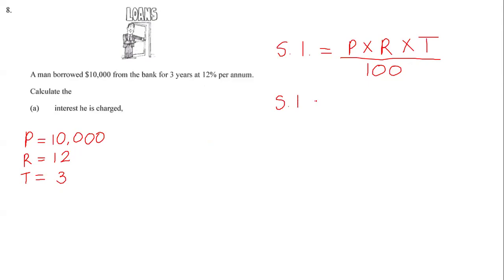So the simple interest is going to be equal to the principal, 10,000, times the rate, 12%, times the time, 3 years, all over 100.